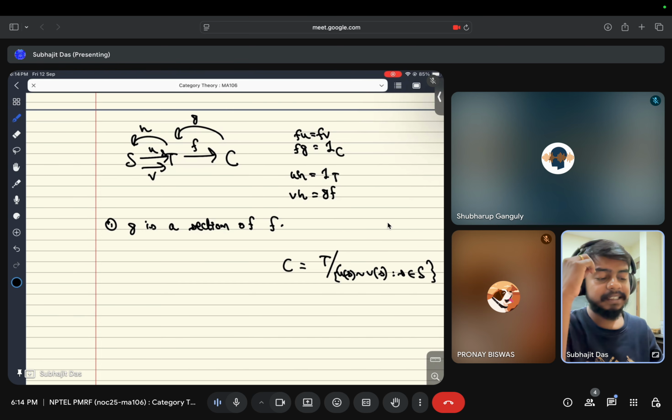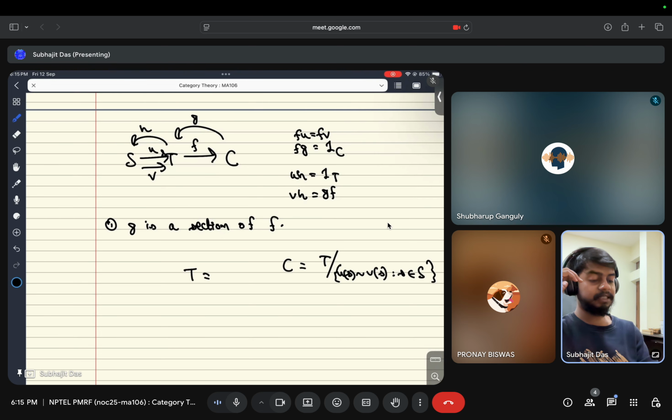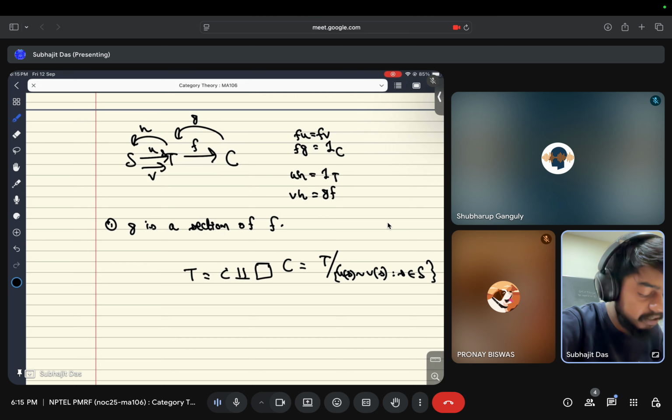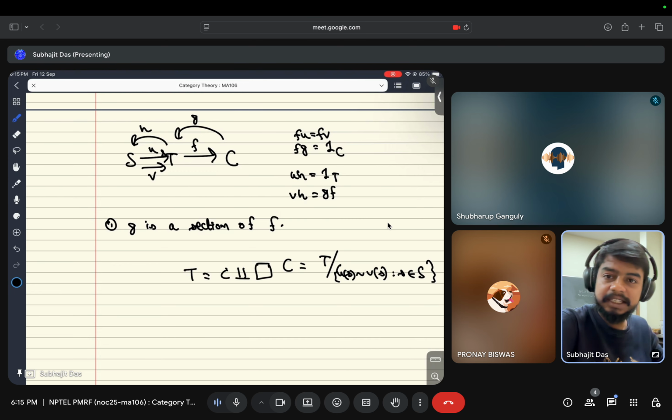Then saying that F has a section would mean that C should be a direct summand of T, right? Here it should mean that C should not only be a quotient of T, it should also be a sub-object of T, a subset of T. So T should be C coproduct something. This is what FG equal to 1C means, probably.